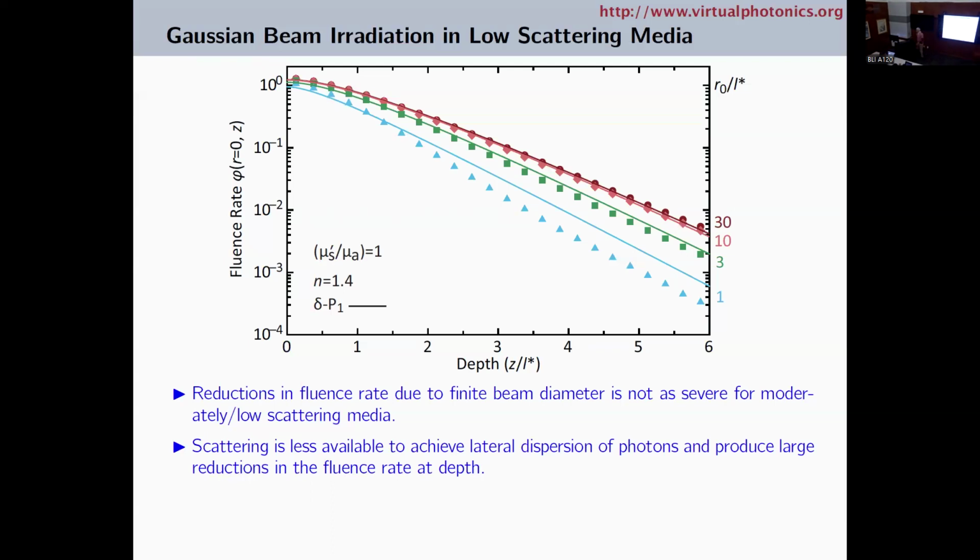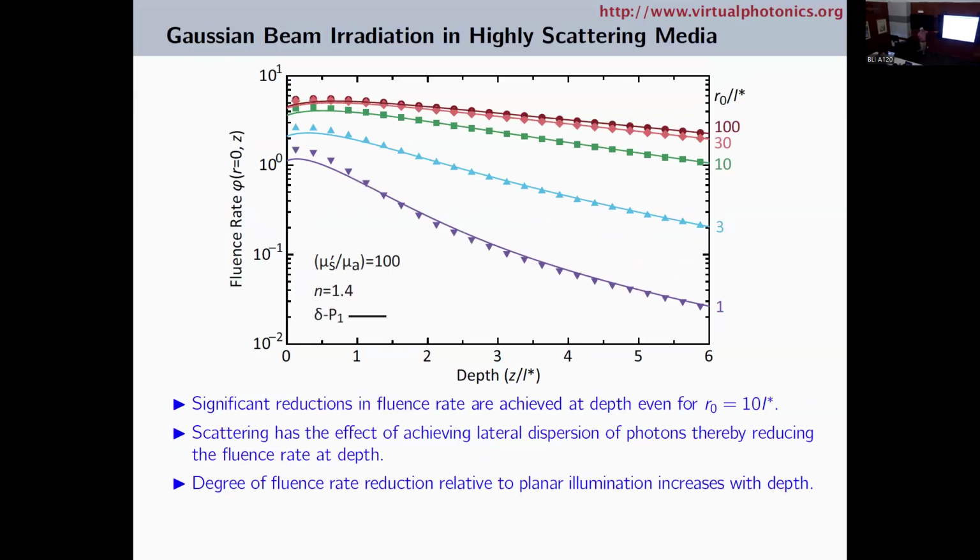In high scattering medium, it may work well, but even here, this is for a beam that's a full transport mean free path in radius. So that's still a 2 millimeter beam. Yeah, fairly large. I imagine if you go to something like a tenth of a transport mean free path, it's not going to do so great. It's a hard problem. Yeah. And in comparison, the standard diffusion approximation will be really a disaster. Okay. Yeah. Thank you.